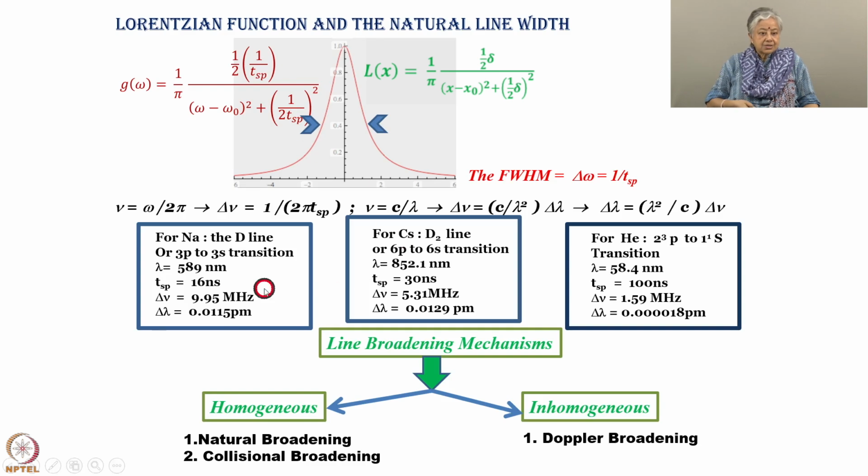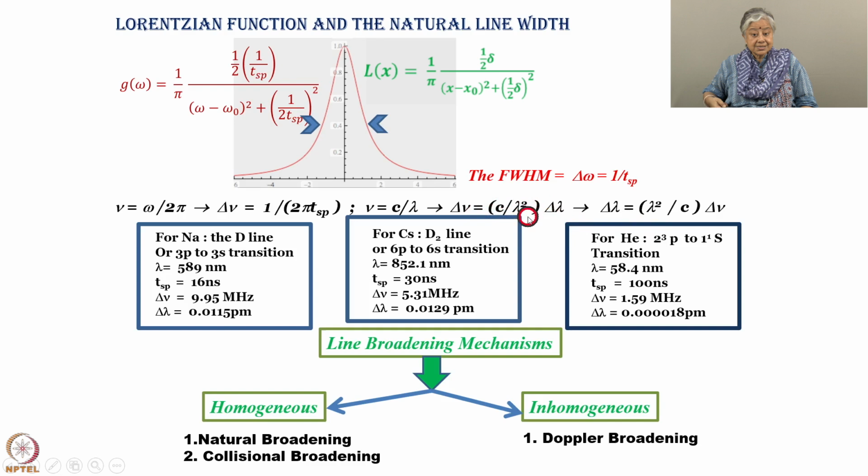So, here it is, nu is equal to omega by 2 pi, and delta nu is equal to 1 upon 2 pi tau sp, and nu is given by c, the velocity of light, upon lambda, and delta nu is c upon lambda square. Delta lambda is this.